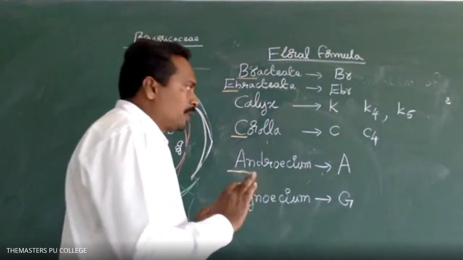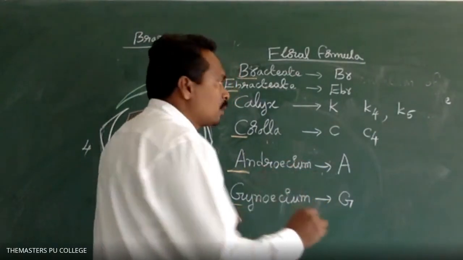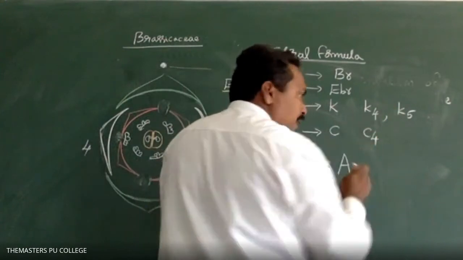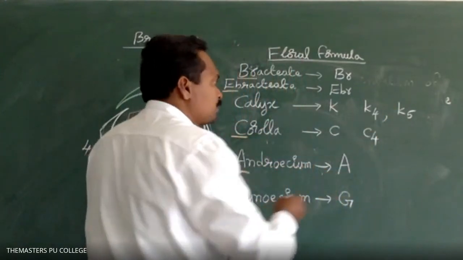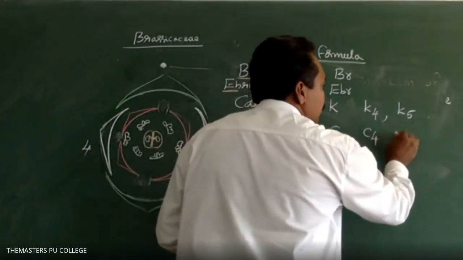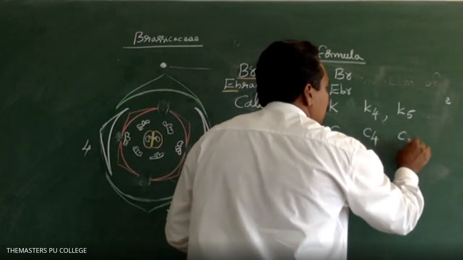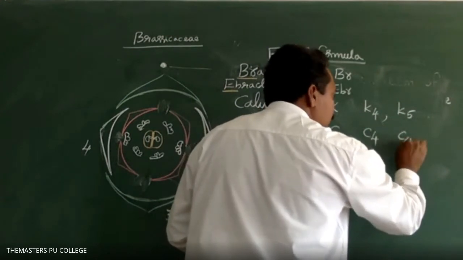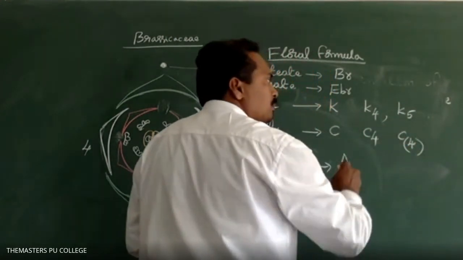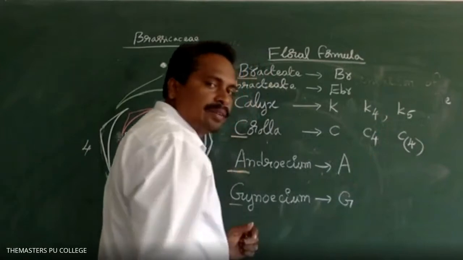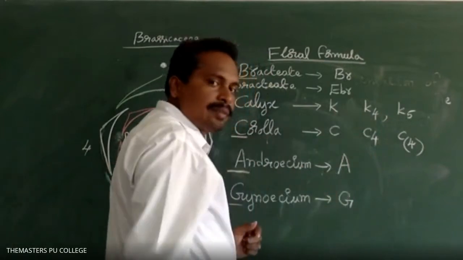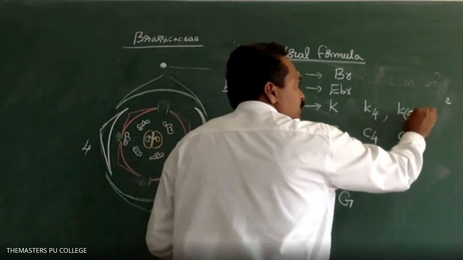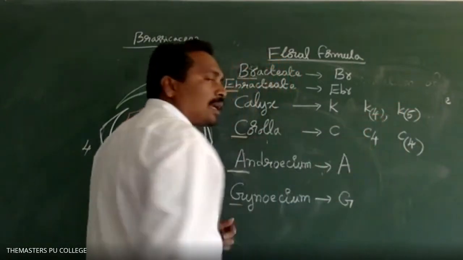So if free, don't keep that number in brackets. In some plants' flowers, if they are fused with each other, then the number should be kept in brackets. If 4 petals are united, that should be in brackets. If 5 sepals or 4 sepals are there and they are free, don't keep them in brackets. If they are fused with each other, that should be kept in brackets.